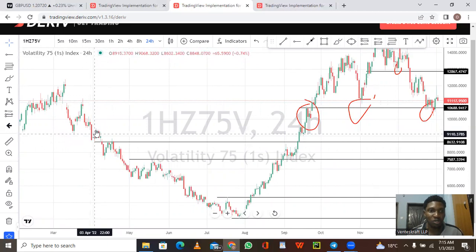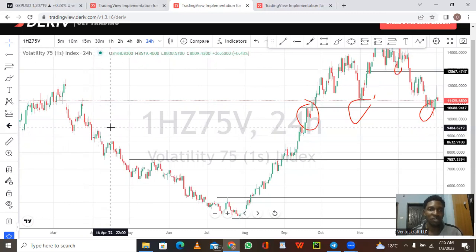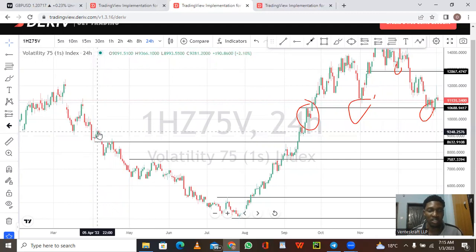When you scale down to the lower time frame, these small buys, these 1, 2, 3 candles that you're seeing, might catch some traders, although it is not advisable to trade against the trend, because if you are taking a buy on this, it means you are counter trading.